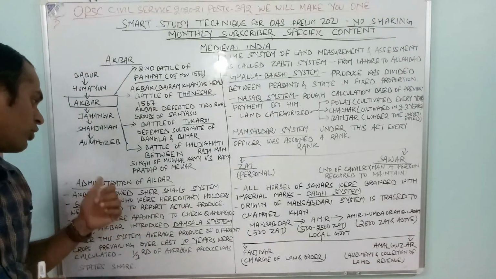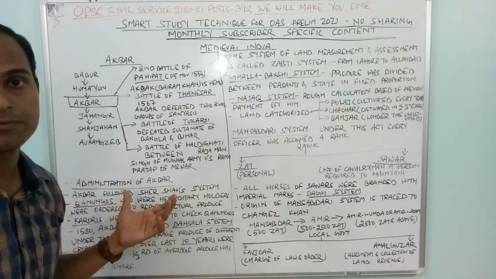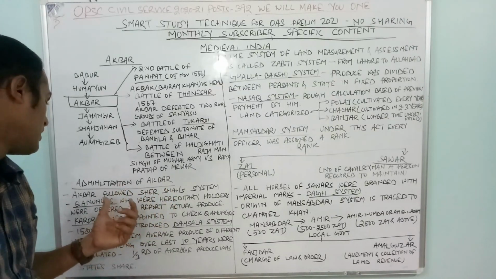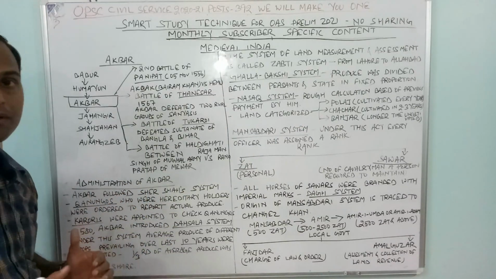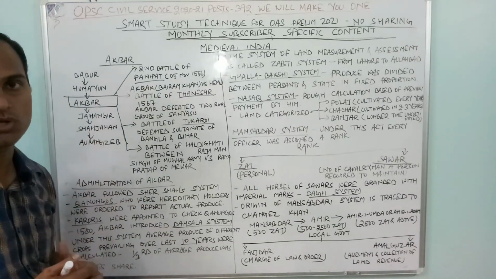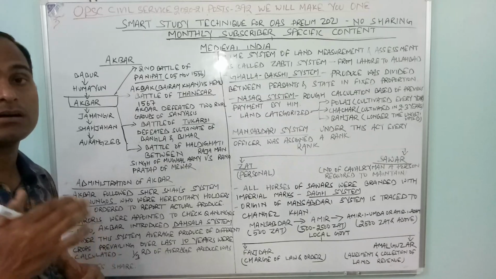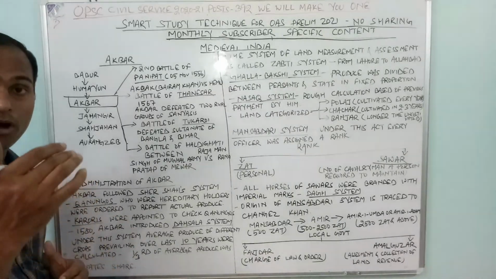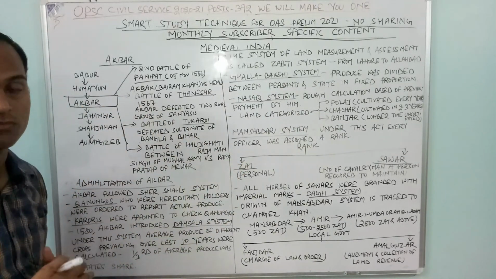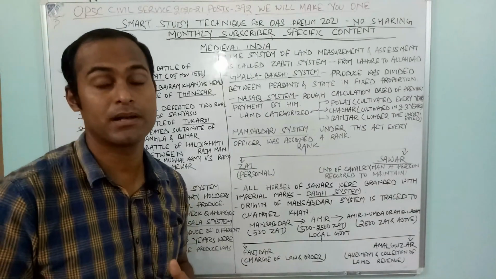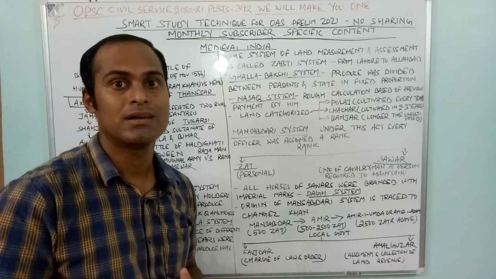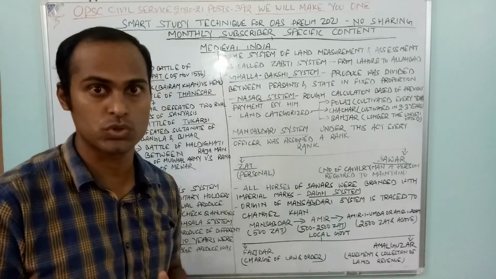Then the administration of Akbar is very, very important. Akbar followed Sher Shah's system. Sher Shah was ruling before Akbar, and Akbar especially followed his system. Whatever the Grand Trunk Road, always remember it is the contribution of Sher Shah Suri.